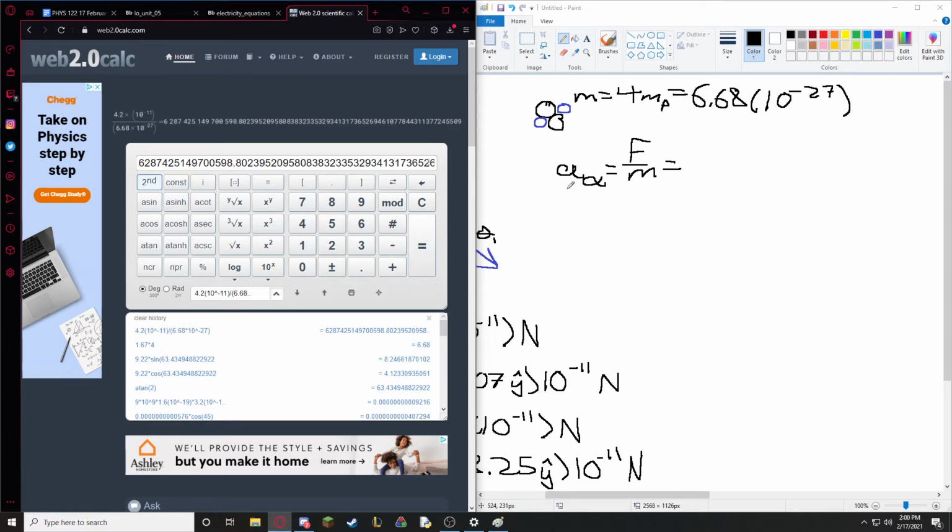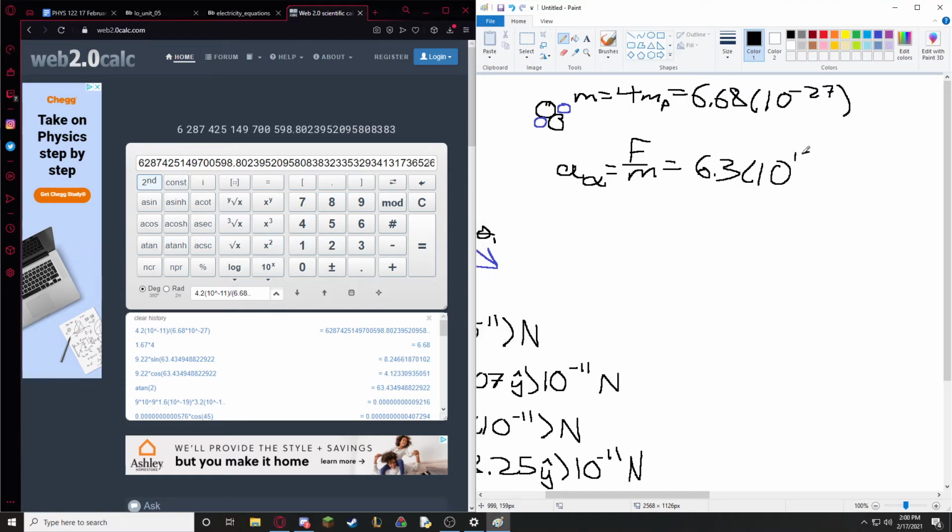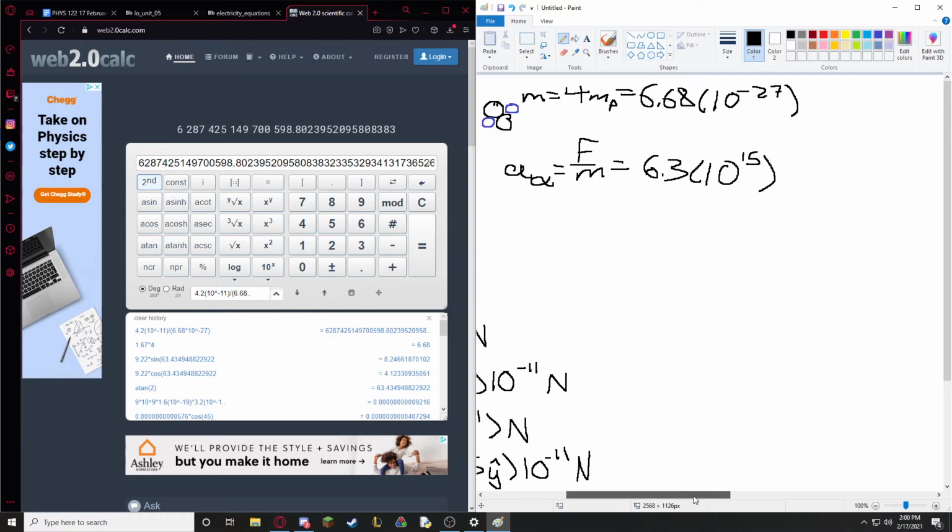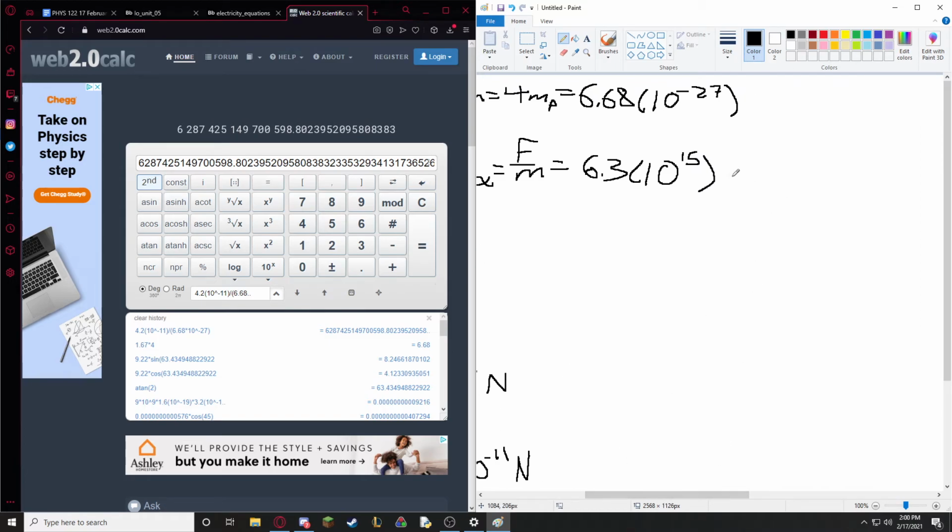We get an acceleration of about 6.3 times 10 to the 15. And SI units for acceleration is meters per second squared, or meters times seconds to the negative 2.